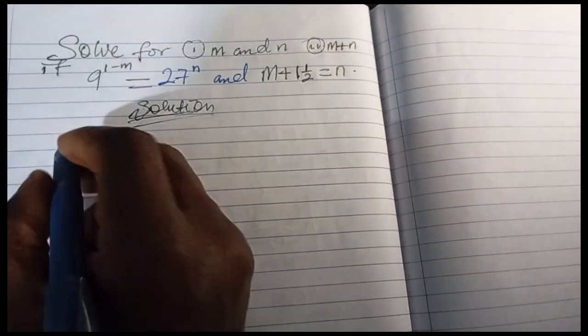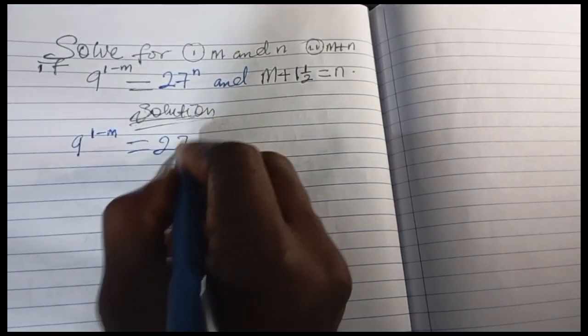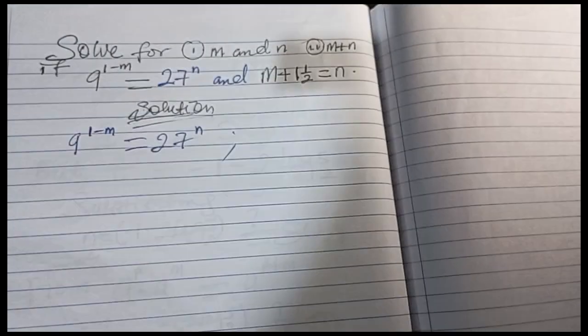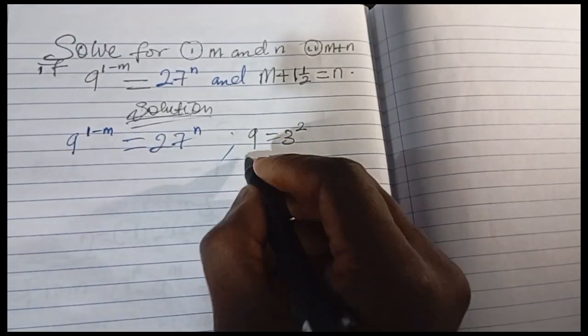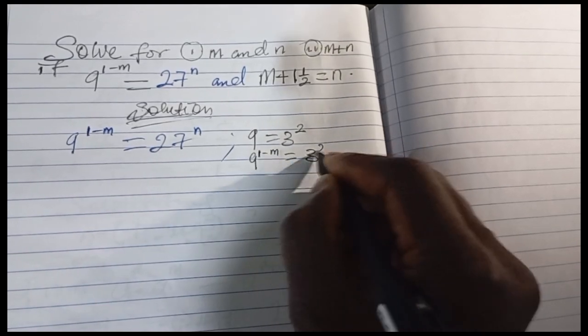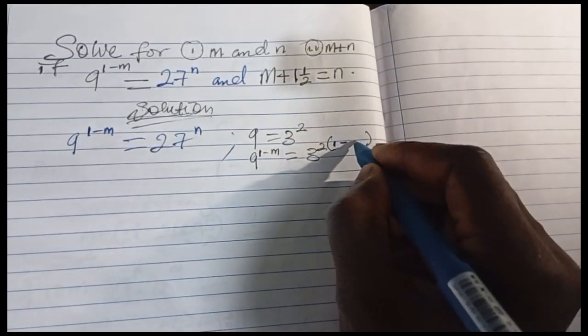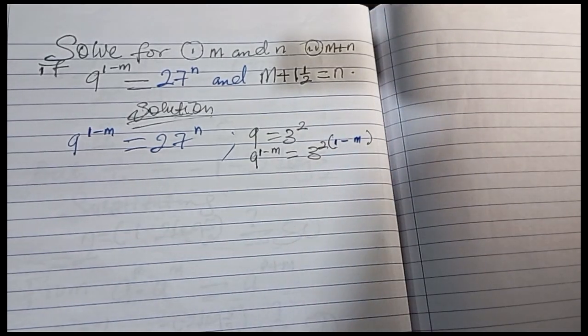Okay, we're given 9 raised to power 1 minus m equals 27 raised to power n. Now recall, 9 is 3 raised to power 2. So 9 raised to power 1 minus m will be 3 raised to power 2, raised to power 1 minus m.